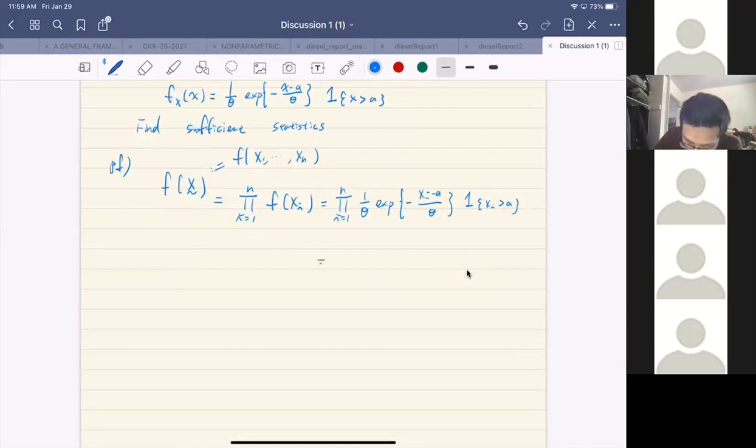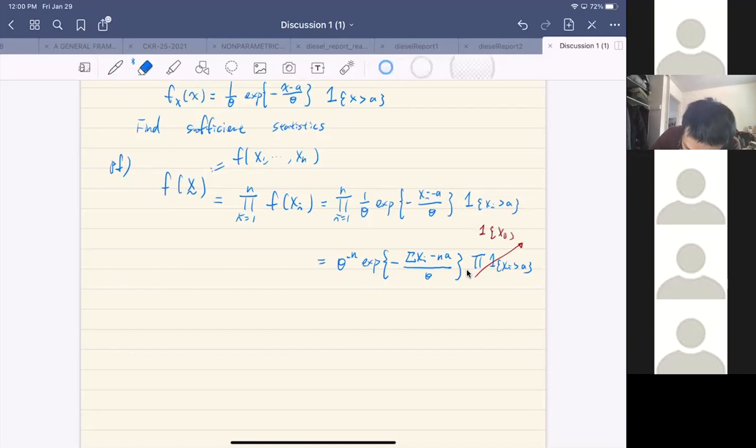And then we can have the summation of si minus n a, and the product of indicator functions. This term is equal to the indicator function that the smallest one, s1, is greater than a.